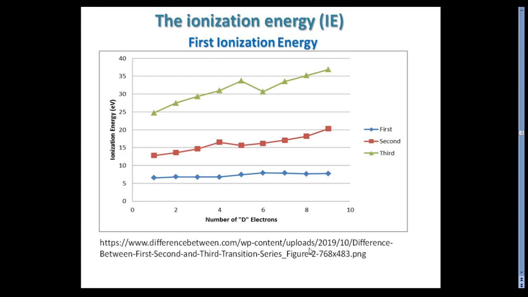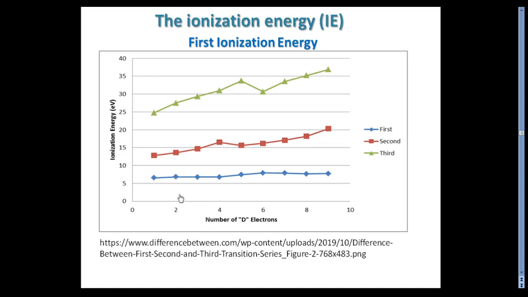So students, we will discuss a number of things related to ionization energy, but let's focus on this diagram, and we can see how the ionization trend is, as per the definition. This is the first transition series, this is the second transition series, and this is the third transition series, but we will focus on the first transition series.